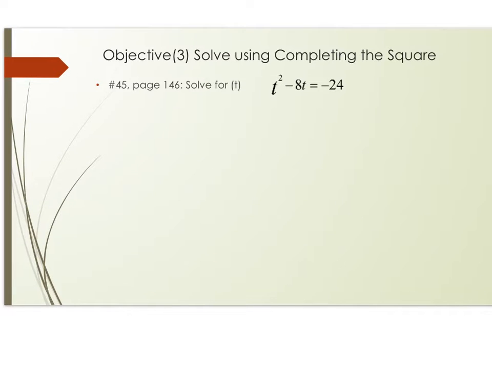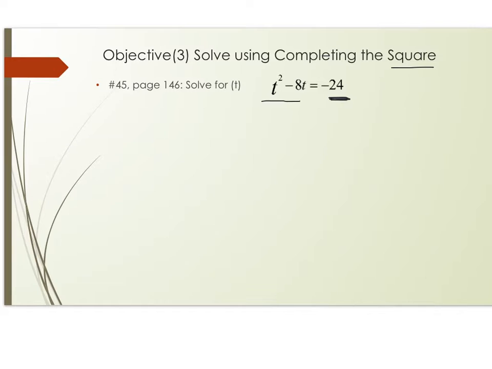So this problem, we're going to try to show you the objective solving using completing the square. We're looking at problem number 45 on page 146, and we're solving for t. In this problem, we don't have to put it in quadratic form. Why? Because we want to put the numbers on the right side of the equation, and the variables are always on the left side of the equation when we're completing the square.